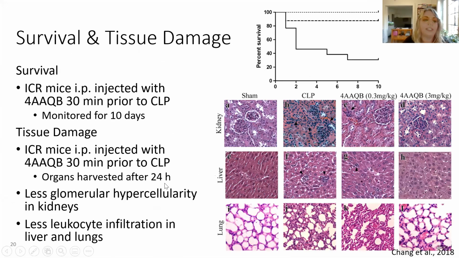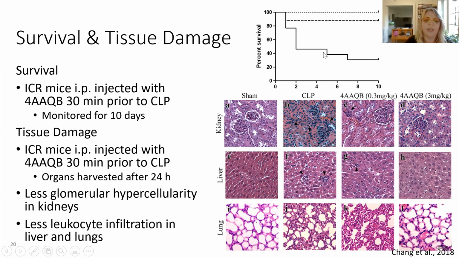And so finally, they wanted to see if this had any protective effects in vivo. So they looked at survival and tissue damage using the CLP-induced sepsis model. And so they took ICR mice and IP injected them with either 0.3 or 3 mg per kg of the 4-AQB extract for 30 minutes before CLP surgery, and then monitored their survival for 10 days.